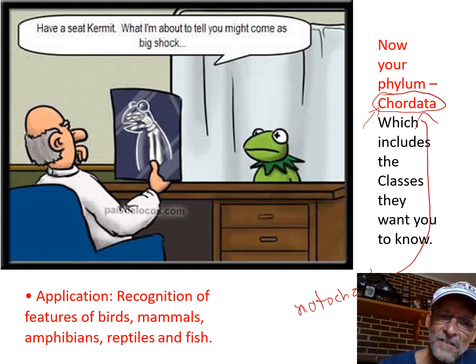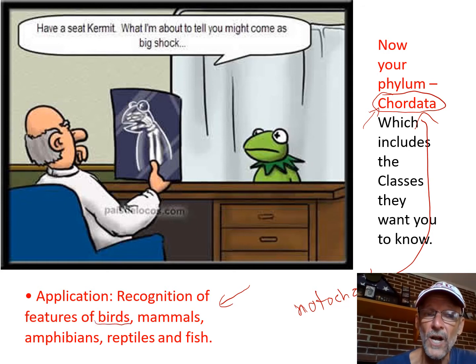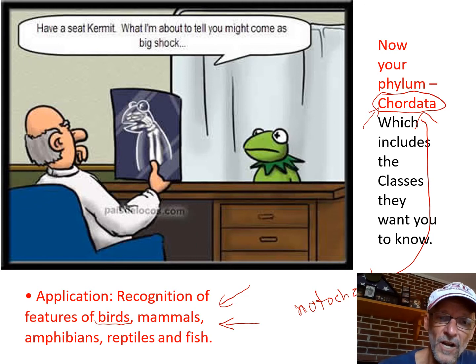But then if they ask you more specifically, which class does this belong to, they're going to give you some other characteristics like it has feathers. So that puts it in the class which would be called Aves. But notice here, for whatever reason, in the IB syllabus, they didn't use their specific class names all the time.